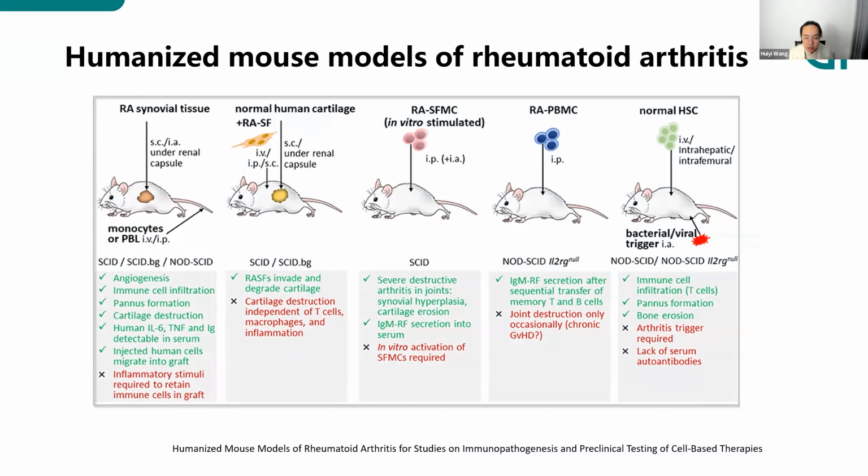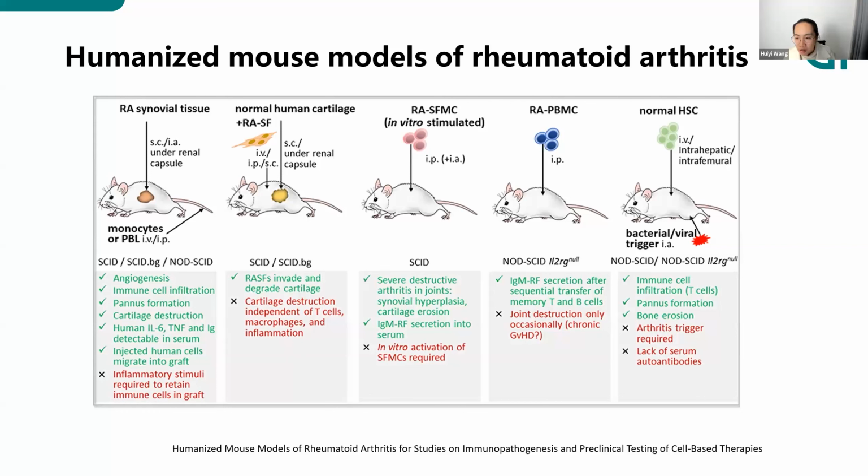For this purpose, human hematopoietic stem and progenitor cells, peripheral blood mononuclear cells (PBMC), or tissues like fetal liver and fetal derived hematopoietic stem cells were engrafted into immunodeficient mice.